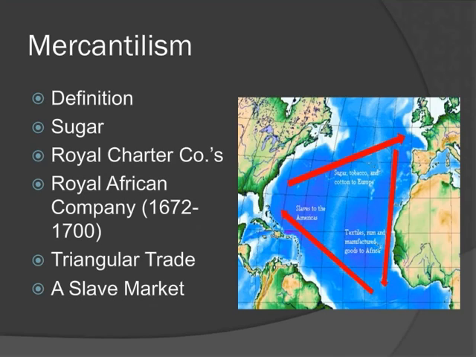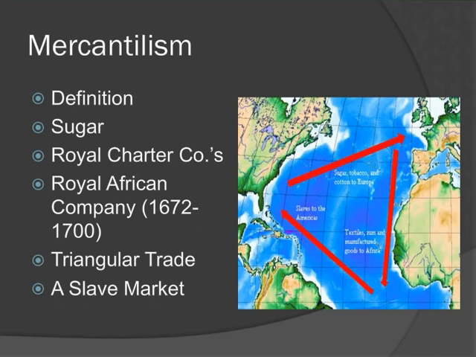So when we talk about the triangular trade, this is a very good idea of what mercantilism is, because if, let's say, you're Britain or the Royal African Company, you traded your textiles or your alcohol or your manufactured goods or your horses to African countries for slaves and gold.